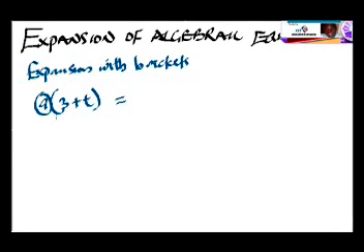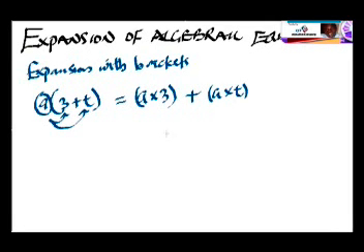So this outside the bracket is multiplying this, and is also multiplying this, inside the bracket. So you have a times 3, because it multiplies 3 first, plus, bring that plus sign, a times c. So it's going to multiply them separately, and I only use this bracket to separate them, and that's going to be 3a plus ac. So you have 3a plus ac, which is your final answer.